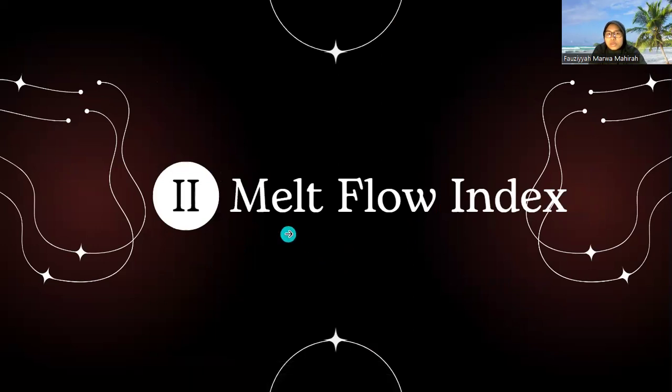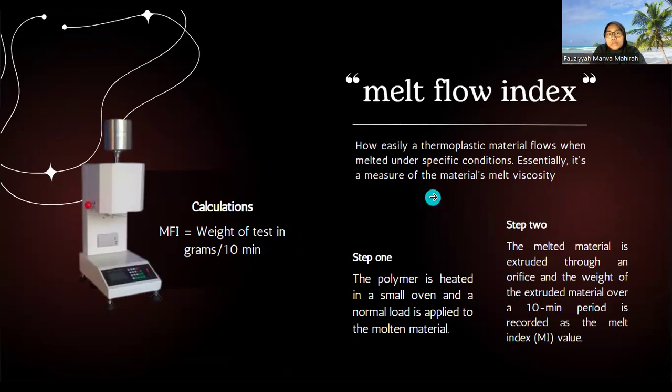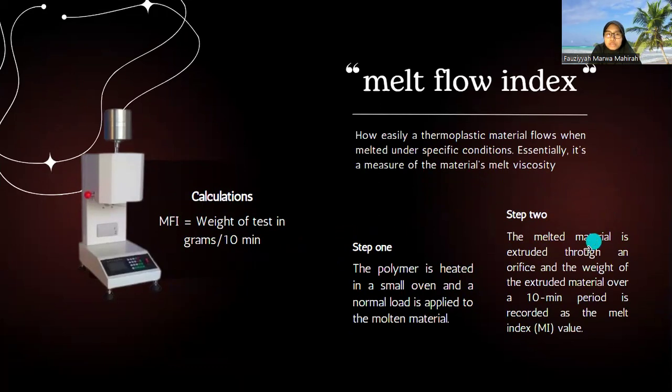So next I'm going to talk about melt flow index and why it is important. Melt flow index, in polymers, is used to determine how easily a thermoplastic material flows. So it's basically to measure the material's melt viscosity. Melt flow index is counted by the weight of the test material in grams per 10 minutes.